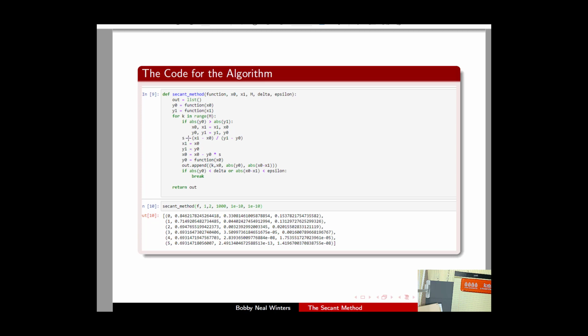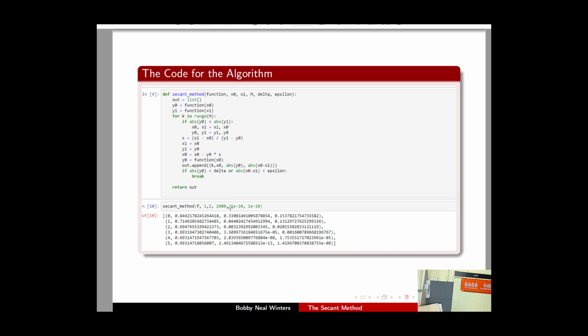We let s be the ratio of the differences between the x's over the differences between the y's. Do some relabeling, do recalculation of the function, and then append our values to the list. And continue this way.